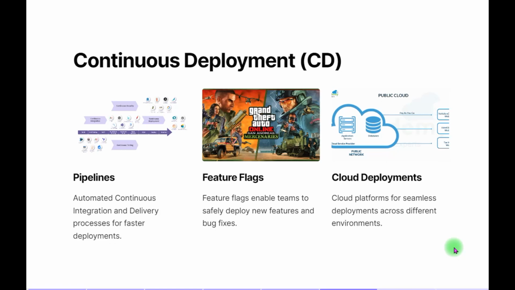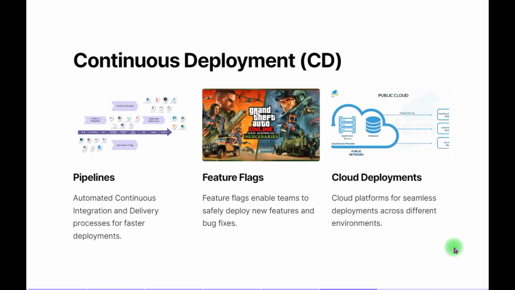There are other tools also which can help us with containerization. This is the phase where pipelines come into the picture. It helps us with the feature flags that we need to enable for the team, and it helps us deploy our application to cloud platforms as well. This phase is also one of the important phases.